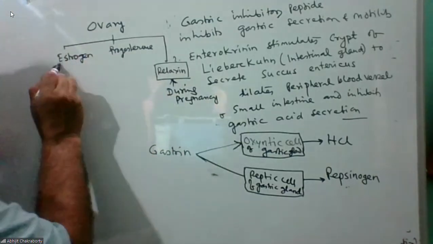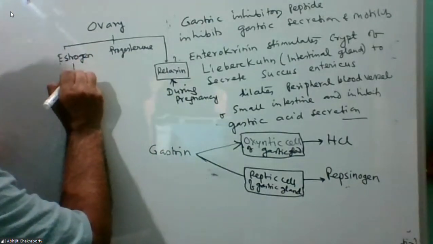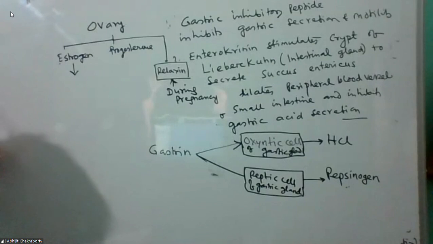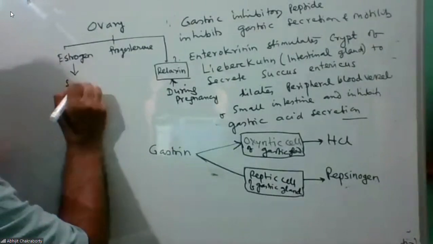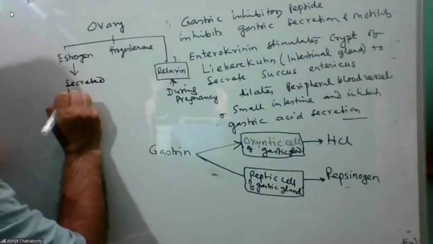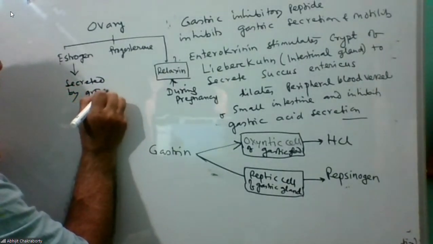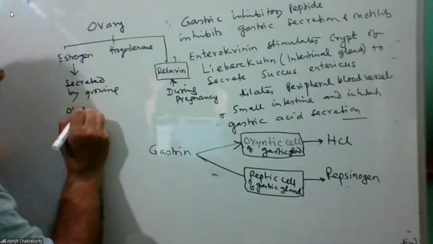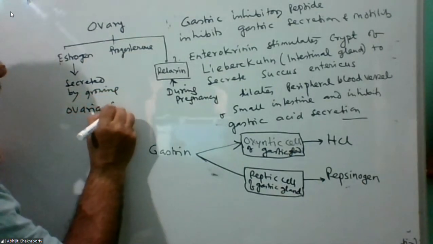So mainly these are two hormones. Estrogen is secreted by growing ovarian follicles.